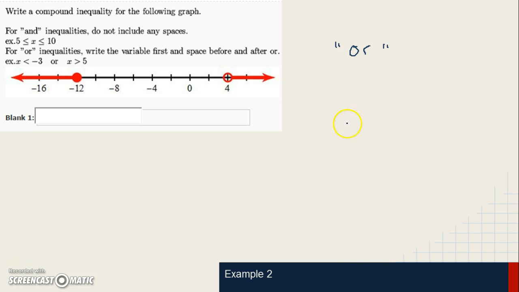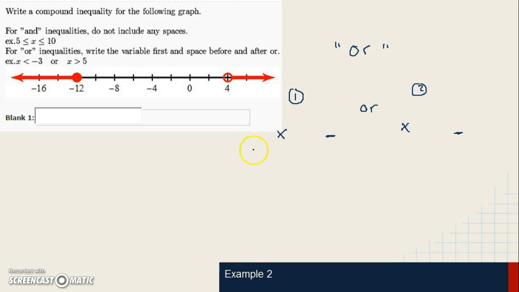And just like yesterday when we were solving for OR compounds, we had one inequality with OR connecting our second inequality. And when I write these inequalities, I'm going to write x first because that's the way we're going to type it into the computer. So I know that x, some symbol, some value, OR x, some symbol, some value.